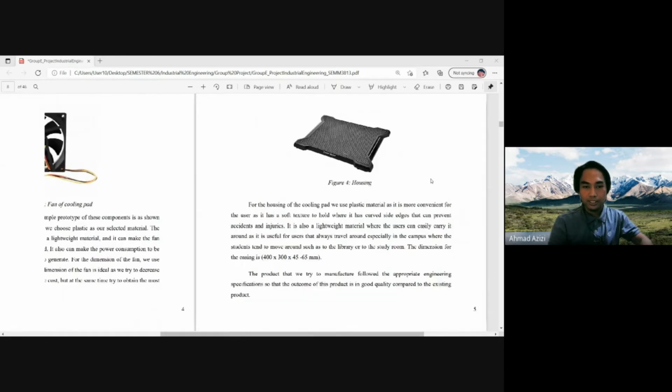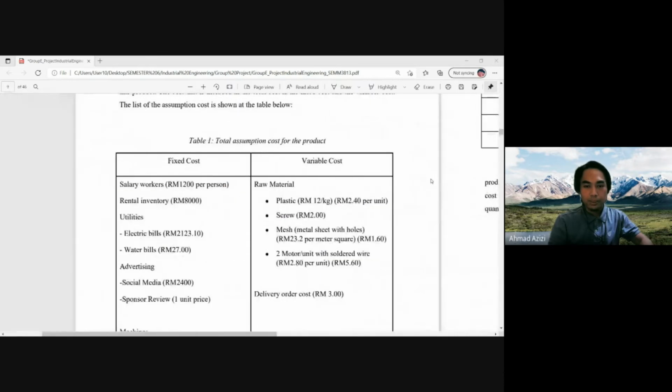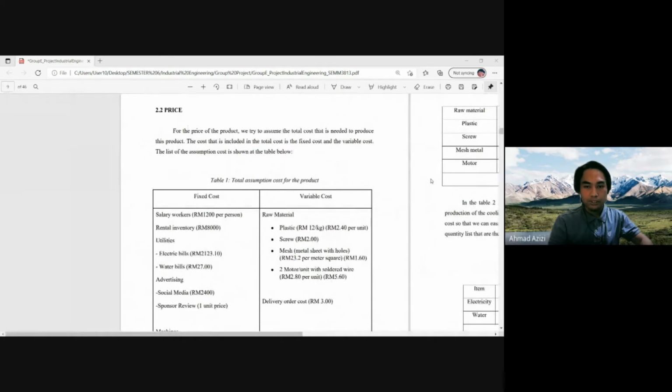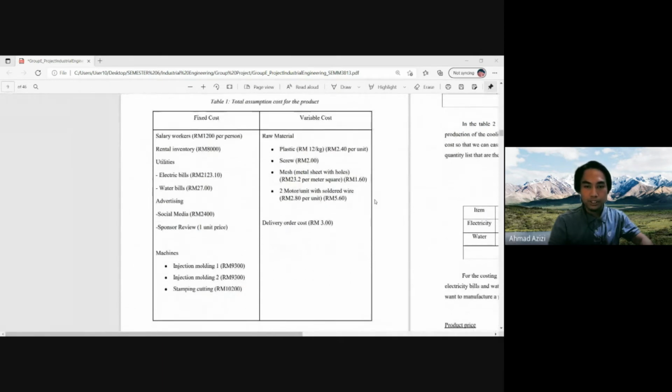Next is the price of the product. We assume two types of cost for this product: the first one is the fixed cost and the other one is the variable cost. The fixed cost consists of workers' salary, rental, inventory, and utilities, which consist of electric bills and water bills. For advertising, we use social media and sponsored reviews.